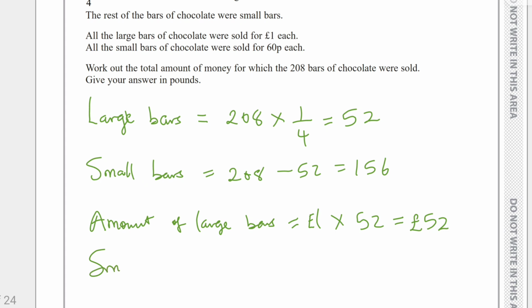Small bars amount is 60 pence, which is the same thing as 0.6, times 156, and that equals 93.6.